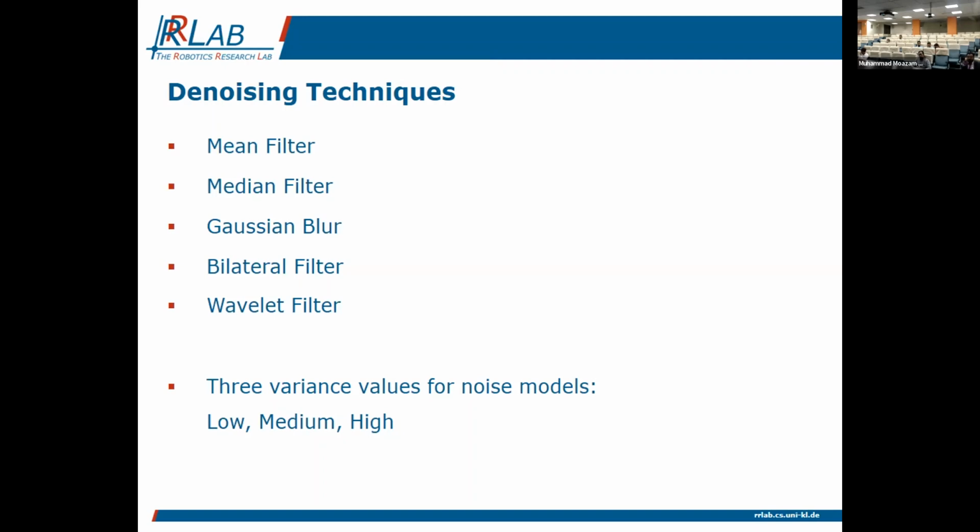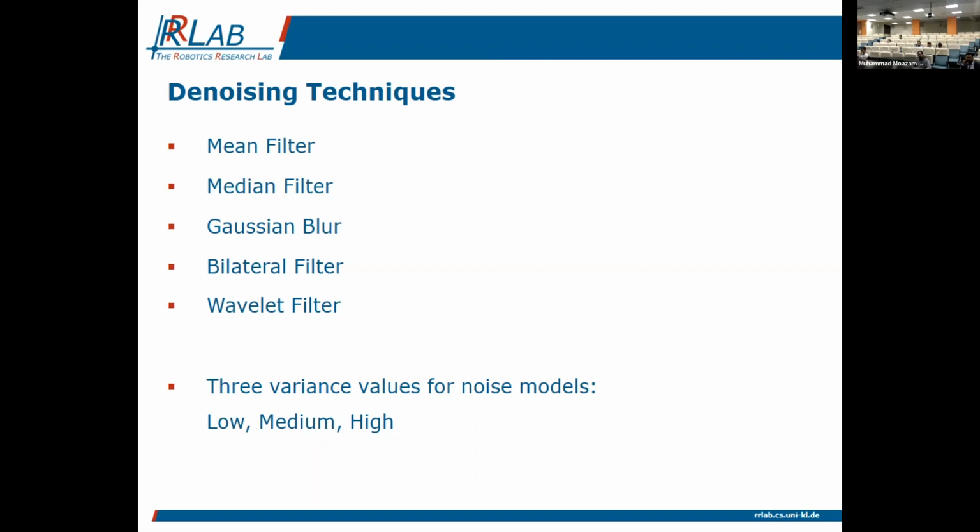We introduced low, medium, and high noise amounts. First of all, we looked into how this affects our prediction, how much worse it is under those conditions, and then we evaluated how much better those filtering techniques make it.